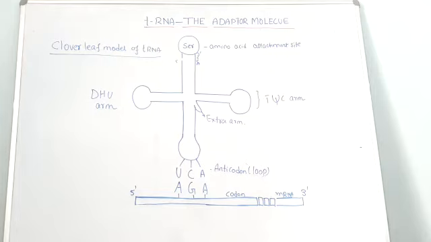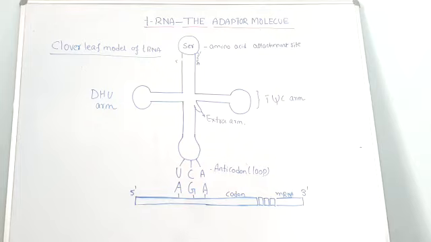And there is an anticodon. As you can see here, the anticodon site consists of a three-nucleotide sequence, UCA, which is complementary to the respective codons.